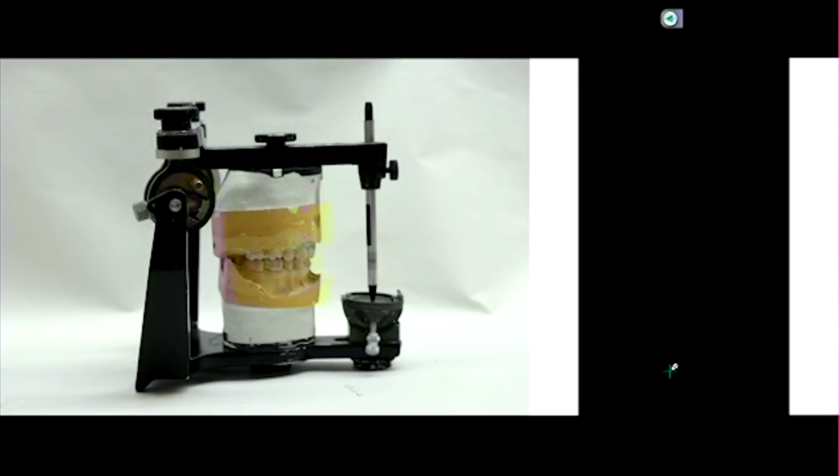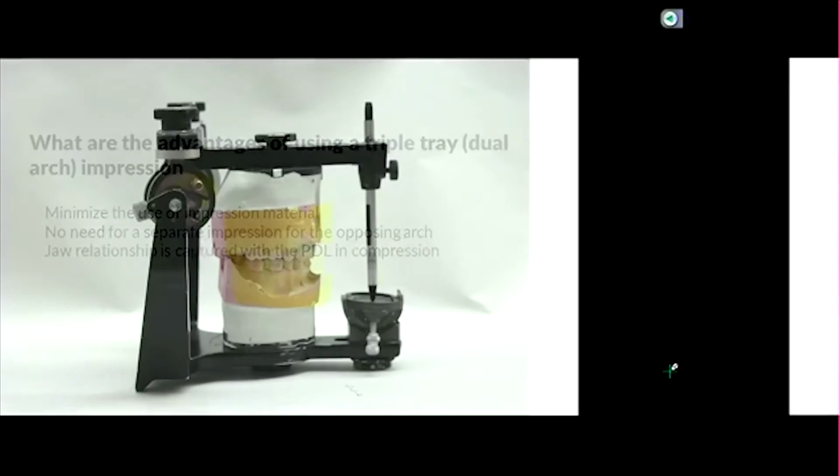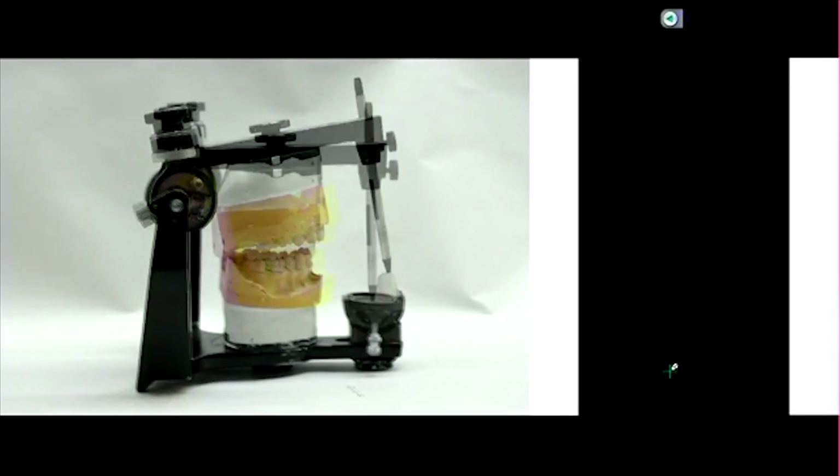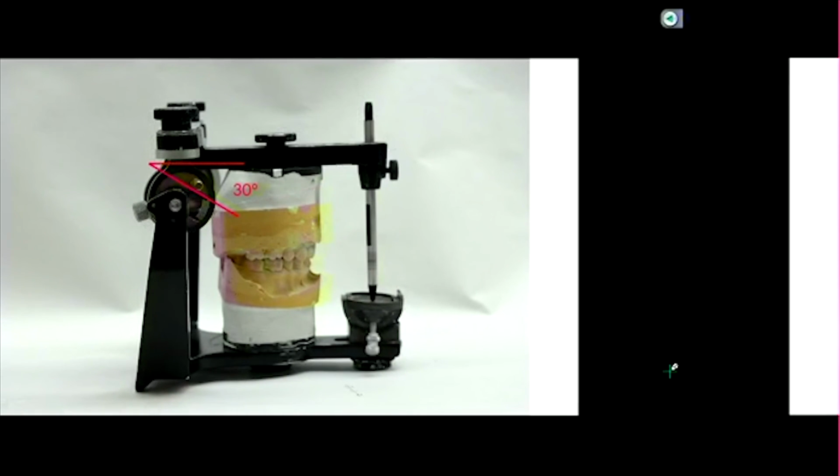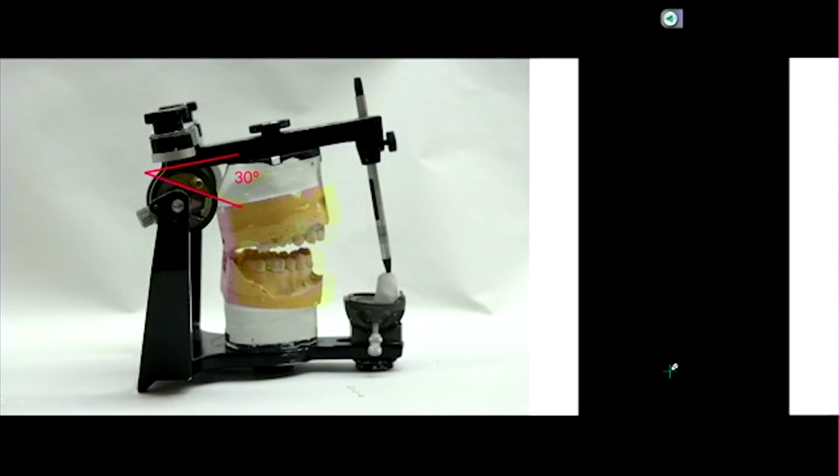Let's look at the condylar inclination relative to the Frankfurt horizontal. When we start off, it's at 30 degrees. As you open the articulator, it's still at 30 degrees if you were to draw the two lines and connect them. Open and close your articulator, and you see how the inclination remains the same relative to the Frankfurt horizontal.